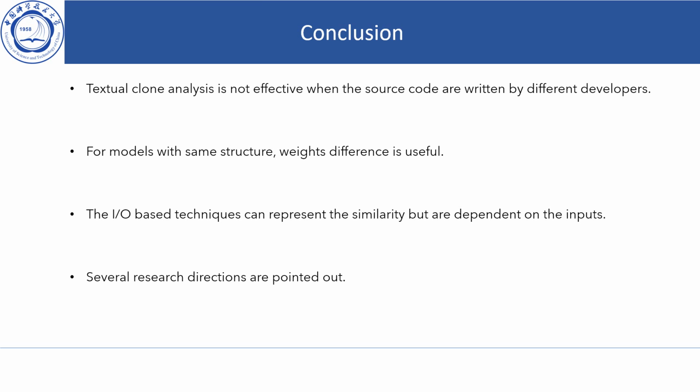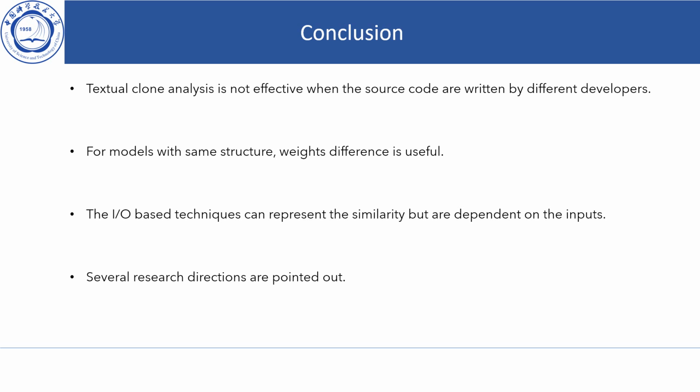So in conclusion, the textual clone analysis is not effective when the source code are written by different developers, which makes this level of clone analysis not very useful in practice, because we cannot assume that all the deep learning models are written by the same group of developers.